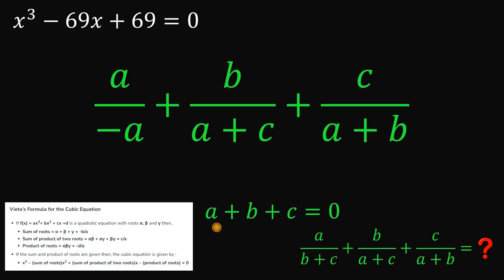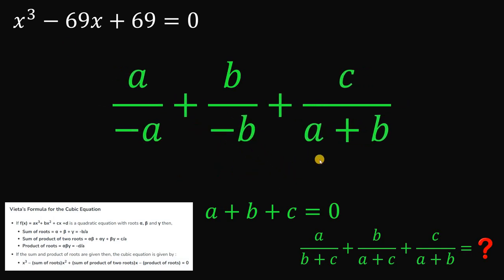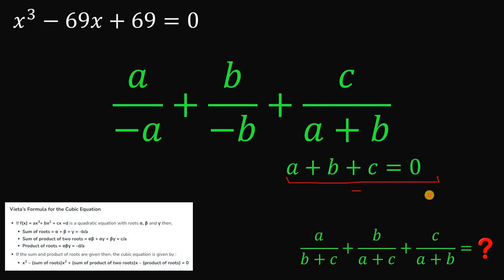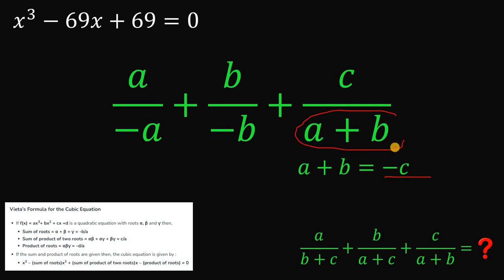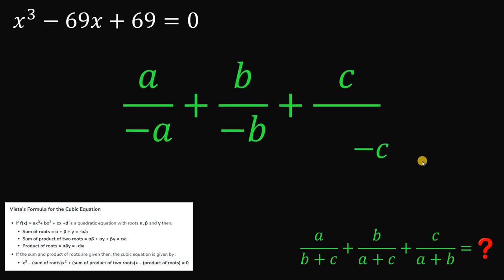Now, using again this given equation that the sum of the roots must be equal to 0, let's subtract b on both sides. So we have the value of a plus c must be equal to negative b. So we have a plus c in this denominator, so we can replace this with negative b. And for the last time, we know that the sum of the roots equals 0, so why not subtract c on both sides? This will give us the value of a plus b must be equal to negative c. So we can replace this a plus b with negative c.